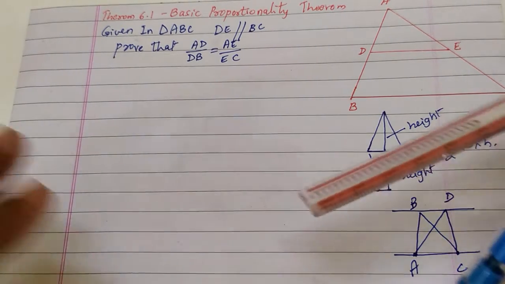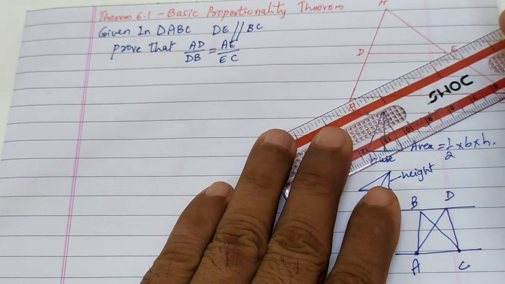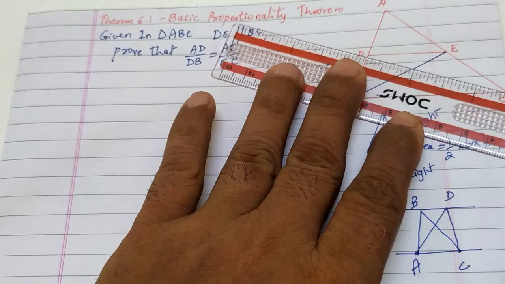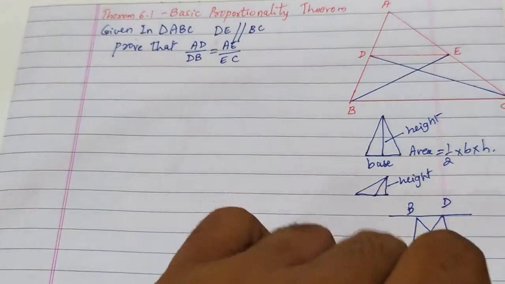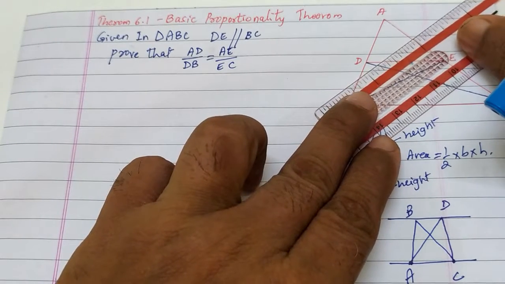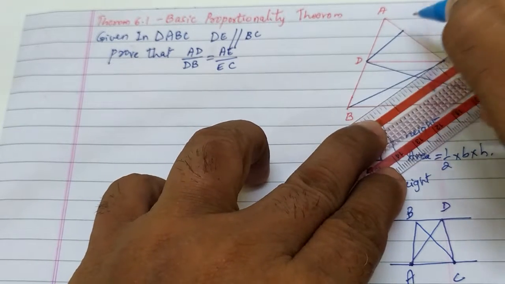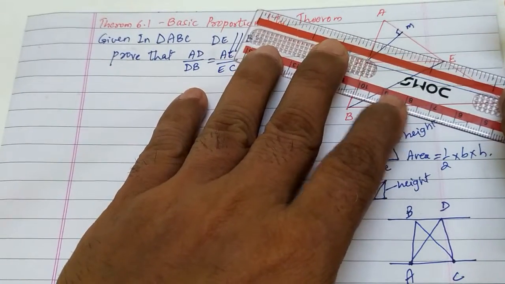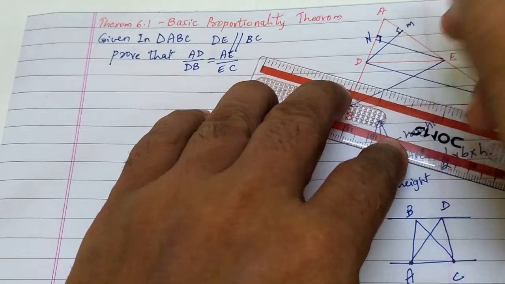To start with that, we'll join BE and DC, and we will draw a perpendicular from D. This is a perpendicular we draw, and we'll write down this as M. From E also we'll draw one more perpendicular, N, so EN.